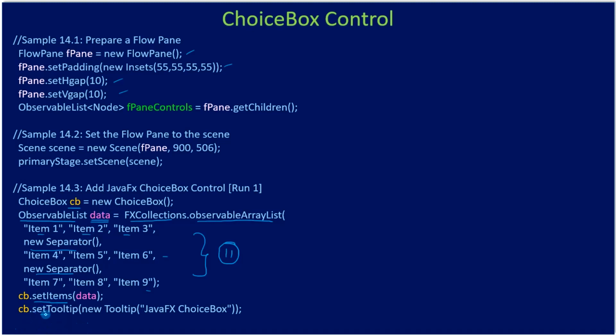Finally, we make a call to tooltip. Here we are making a tooltip instance, JavaFX ChoiceBox, and adding that to the ChoiceBox. For the ChoiceBox, we make a call to setTooltip. There will be a separate video on tooltip, and there we will see how to create a tooltip with multiple lines as well as icons.